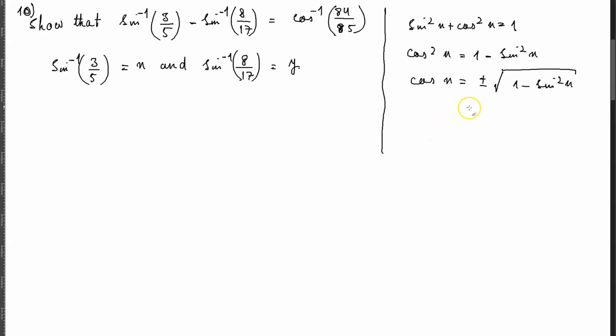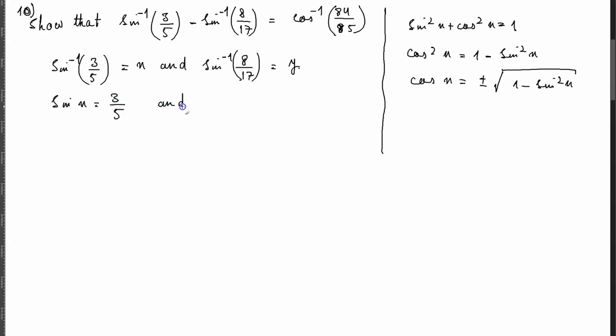Now over here, what you can do is rewrite this expression: the sine of x is equal to 3/5.